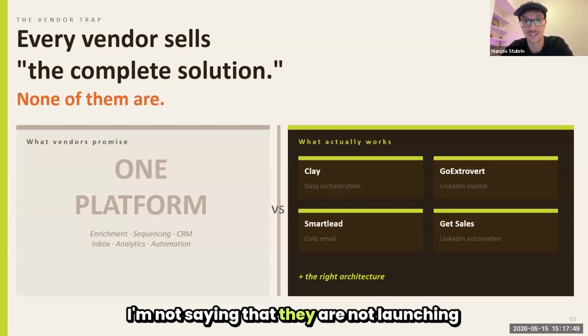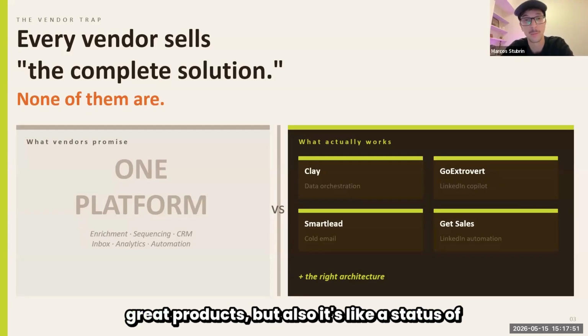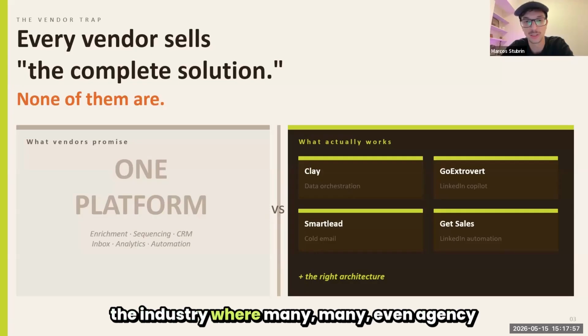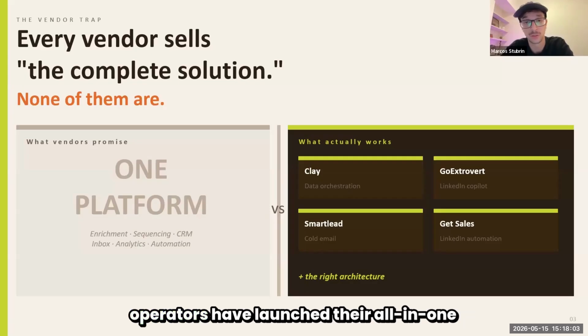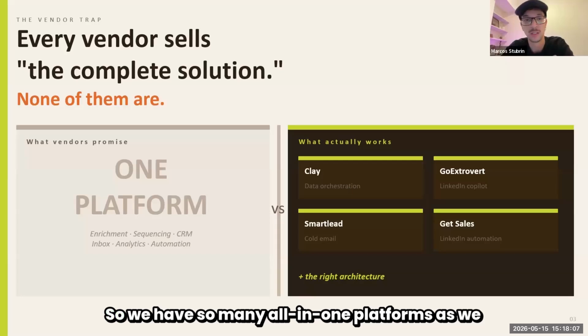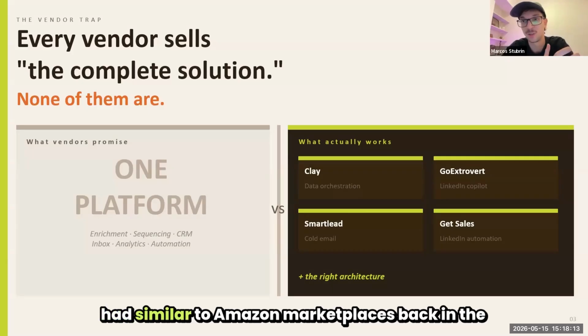I'm not saying that they are not launching great products, but it's also a status of the industry where many, even agency operators, have launched their all-in-one platforms. So we have so many all-in-one platforms, similar to the Amazon marketplaces back in the day.